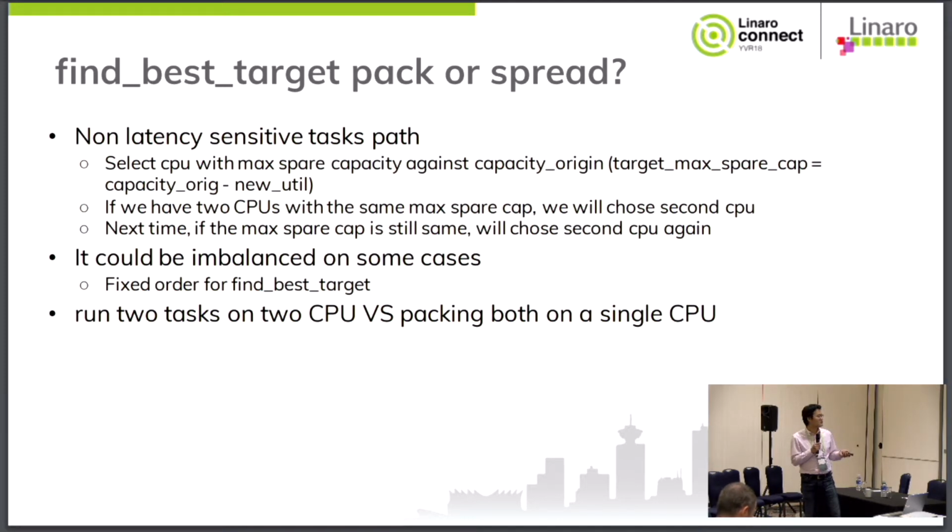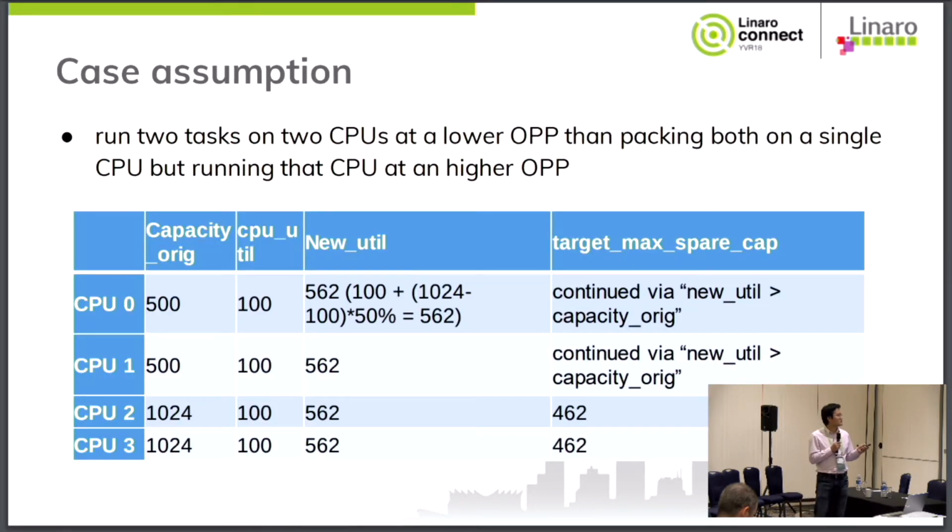So this is our case assumption. For a small boosted task, say the utilization for the task is 100, the boosted task utilization is 562. So in FBT, it will pass over all the small CPUs.